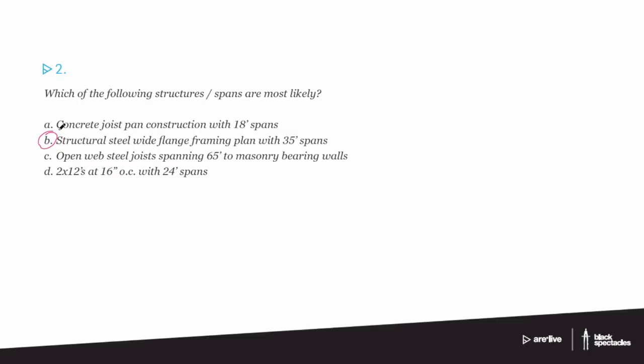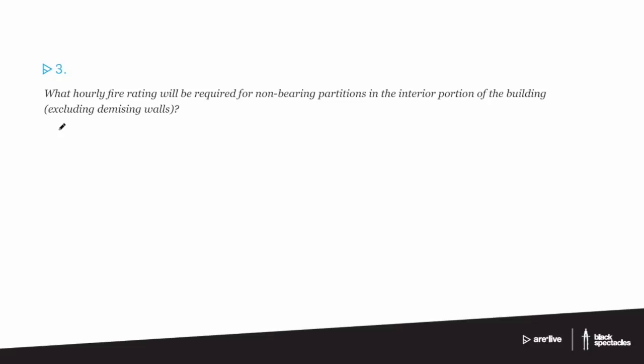It's going to bounce a lot and be difficult to make work in this kind of context. So really the only logical answer is steel with 35-foot spans. That's a little bit of an odd one. You can find it in a couple different ways through the tab information, or just by answering it the way we just did.